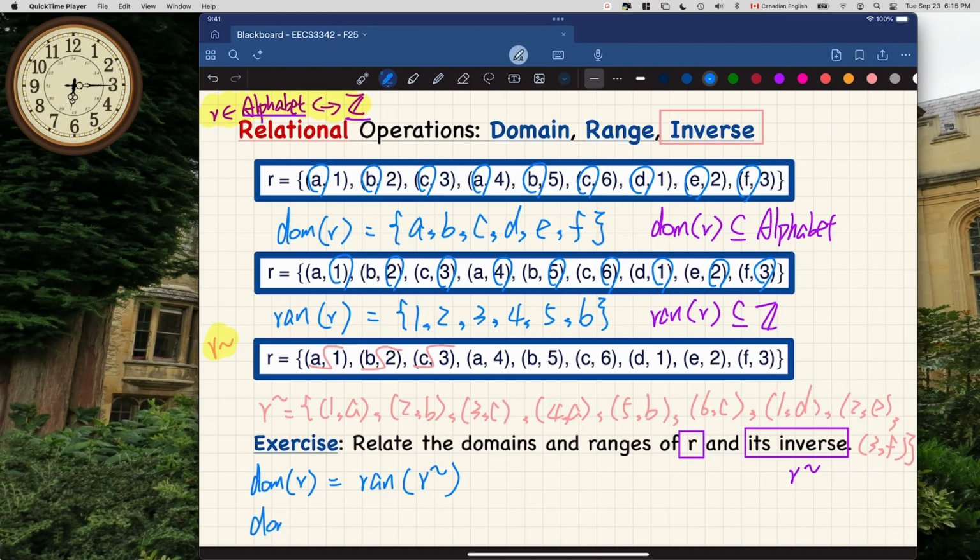Similarly, the range of R will be just the domain of R inverse. These are so-called algebraic properties, and we'll see a few more later, just to help us understand a little bit more about how the different relational operators can be combined together.